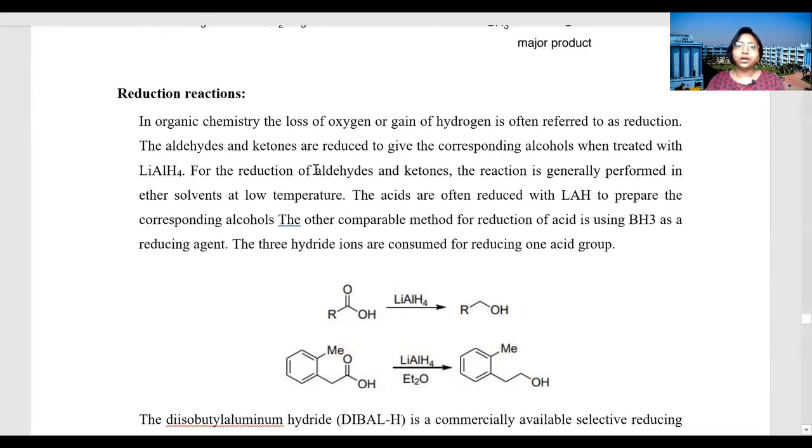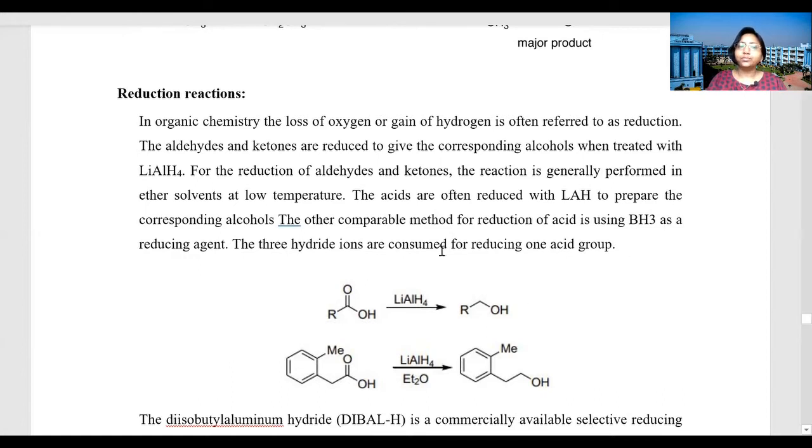For the reduction of aldehydes and ketones, the reaction is generally performed in ether solvents at low temperature. Acids are often reduced with LiAlH4 to prepare the corresponding alcohol. The other comparable method for reduction of acid is using BH3 as a reducing agent. Three hydride ions are consumed for reducing one acid group.